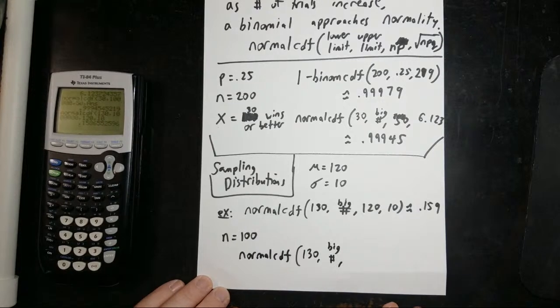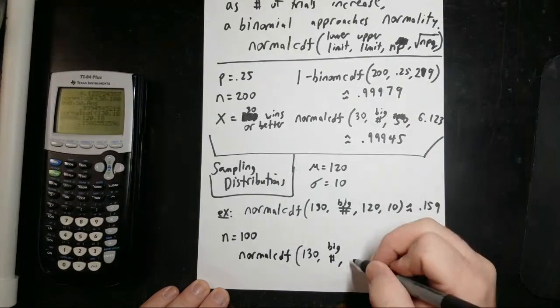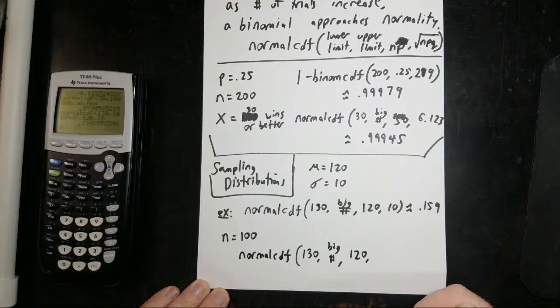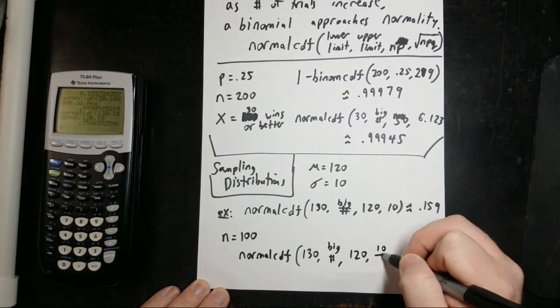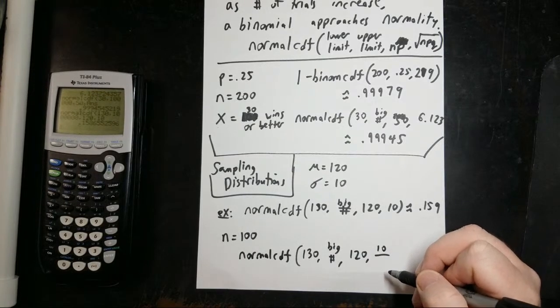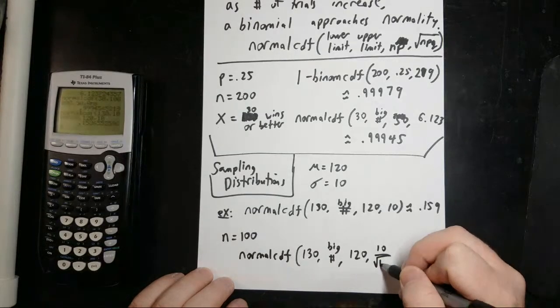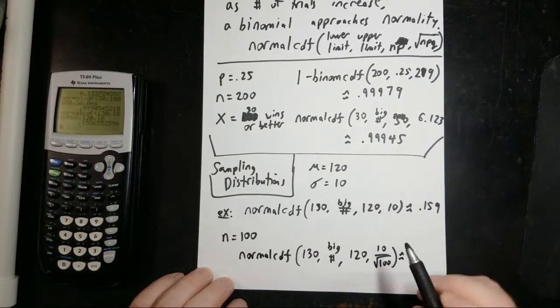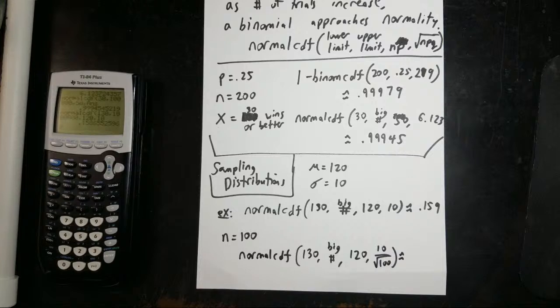Now, I'm going to do that with the sampling distribution. I would have to change my standard deviation, and I'm going to give the formula for that on the next page. It would be sigma over the square root of n. I would have to adjust my standard deviation for the sample.